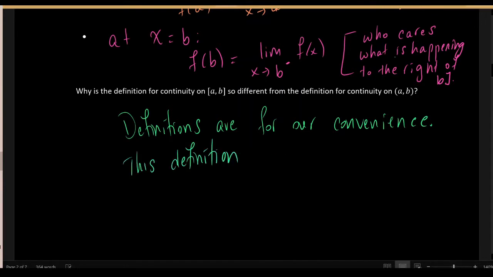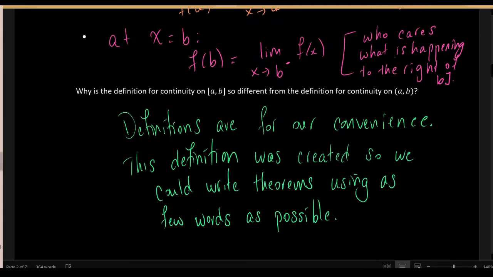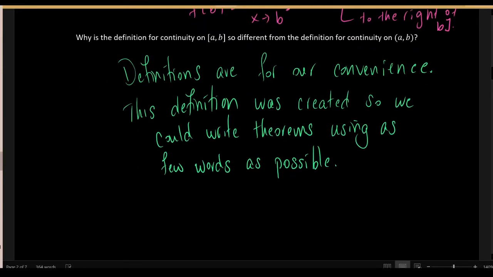This definition was created this way so that we could do things like state theorems using a minimum of words. It's just like any other jargon or slang, right? When you're online, you see all these acronyms floating around. It's just because those phrases came up so often that it became cumbersome to keep saying the entire phrase in full over and over again. So those phrases were shortened, and that's what's happening here.